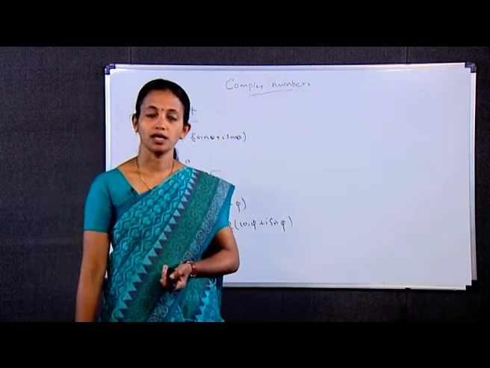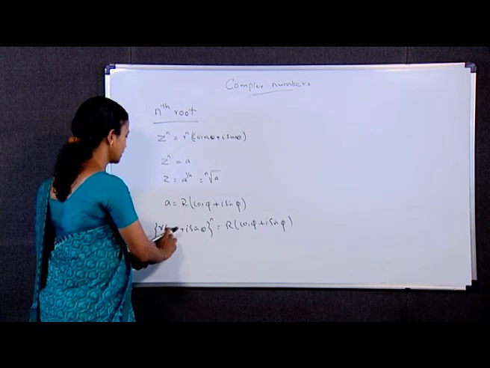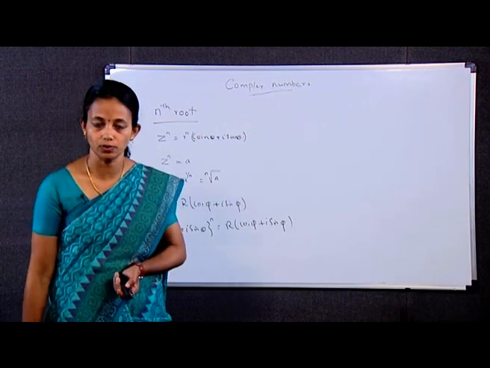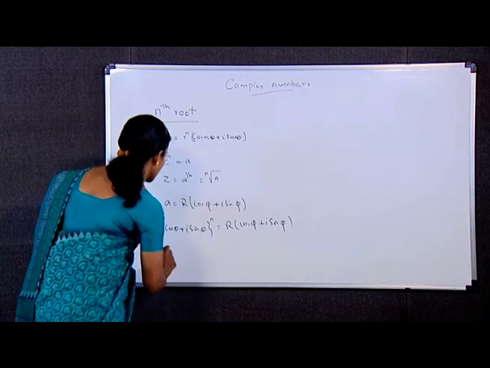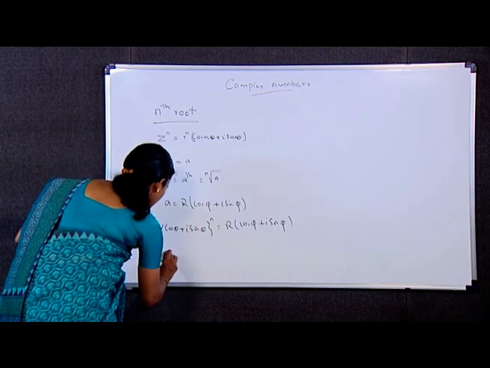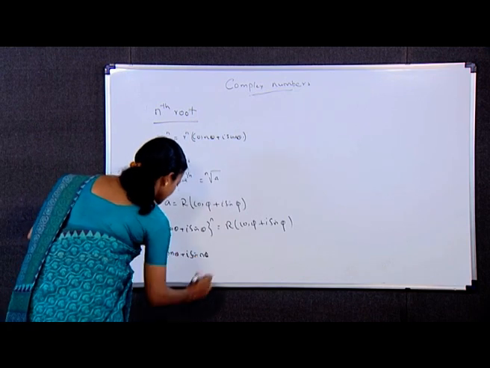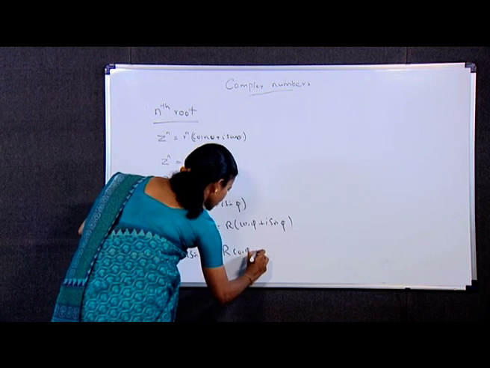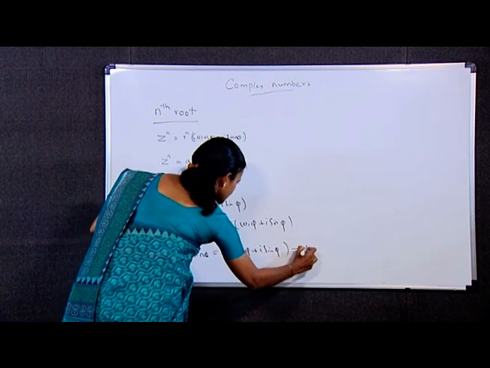Using the identity, we can write this as r raised to n (cos n theta plus i sin n theta) is equal to R (cos phi plus i sin phi). Mark it as equation number 1.